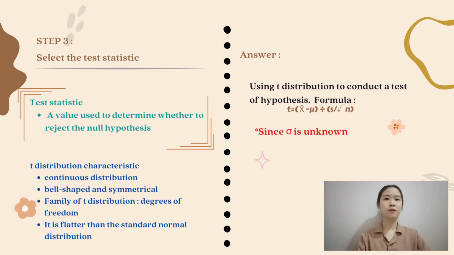There is a family of t-distributions depending on the number of degrees of freedom. As the number of degrees of freedom increases, the shape of the t-distribution approaches that of the standard normal distribution, and it is flatter than the standard normal distribution.